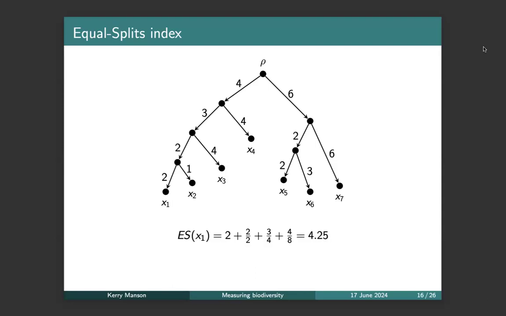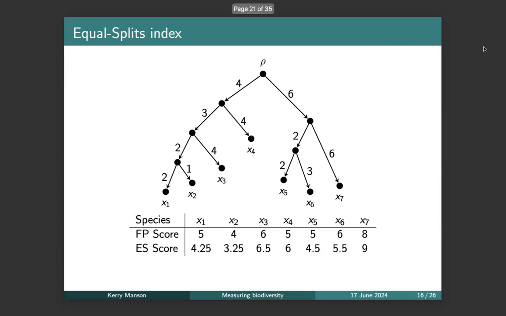And so those are the 4 values that go into measuring the equal splits score for species X1. And again, we repeat the same process and we get values, but they're different values. So there's a question immediately of, well, do my conclusions depend on which index I choose, or is it just kind of a slight adjustment?